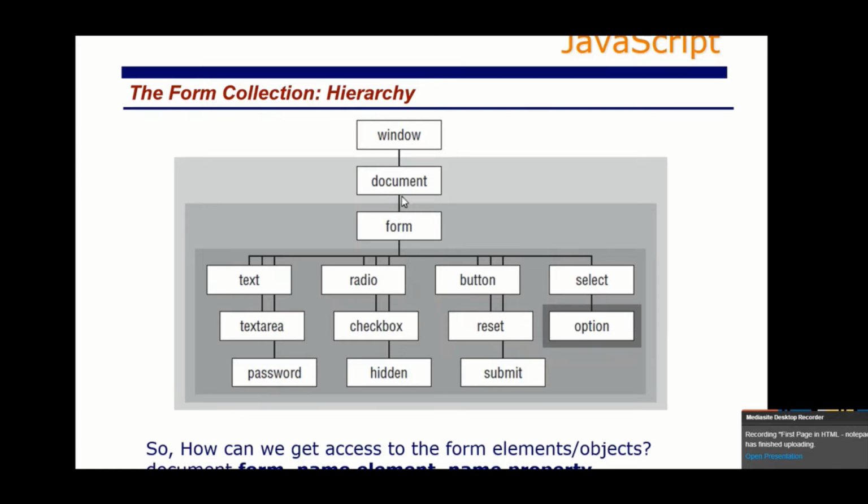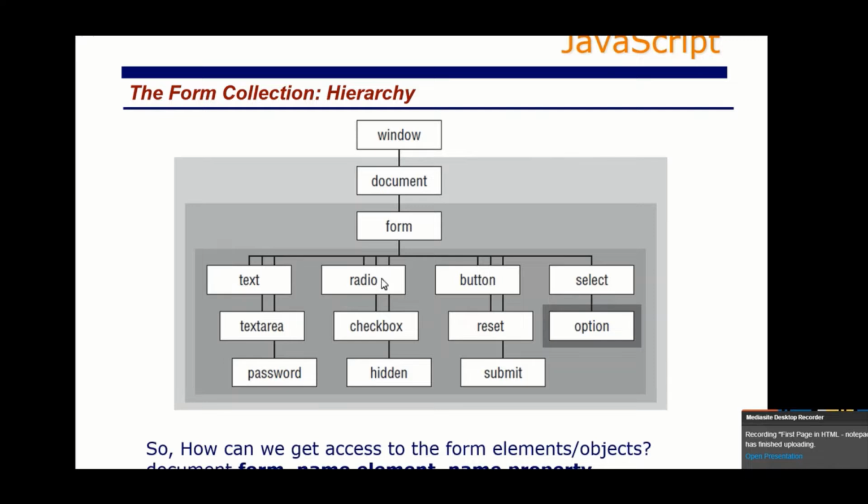And inside documents you can have forms, and inside the forms you can have text, radios, buttons, select. Okay, for text you can have text area, also password, to type a password. So when you want to hide what you are typing, you can use the special password box.